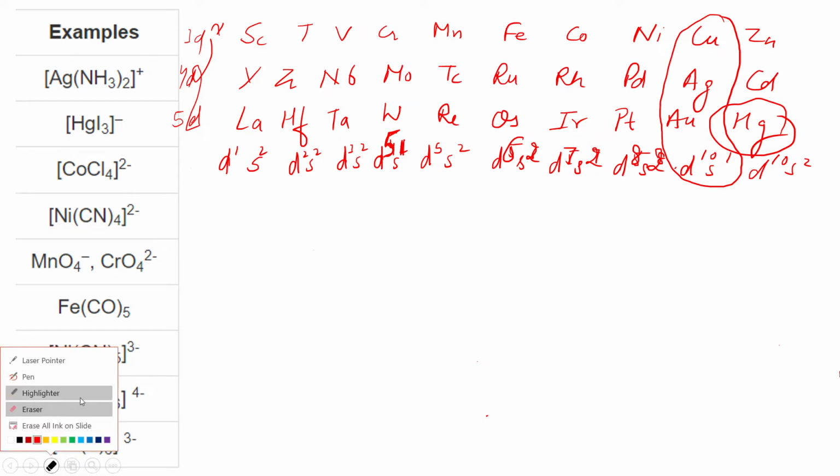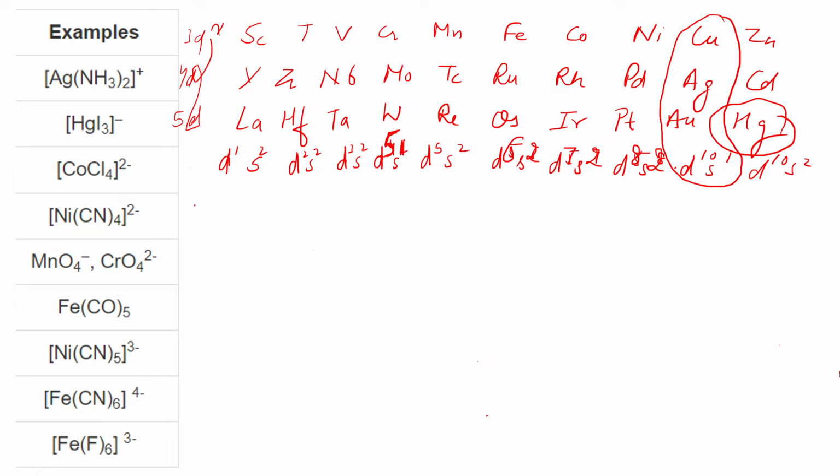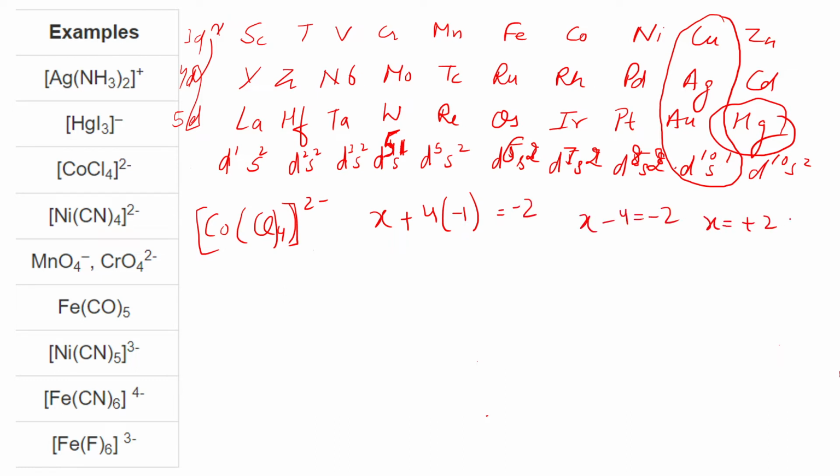For the next complex, cobalt Cl4, 2 minus: x plus 4 times minus 1 equals minus 2, so x minus 4 equals minus 2. The oxidation state is plus 2.